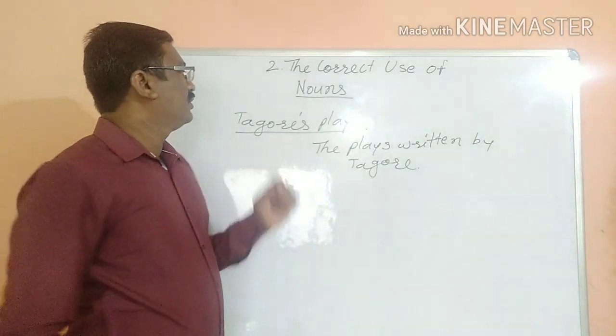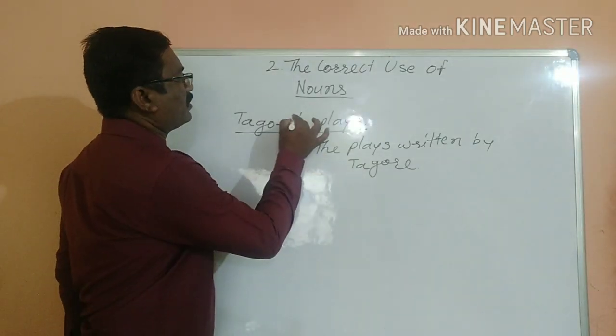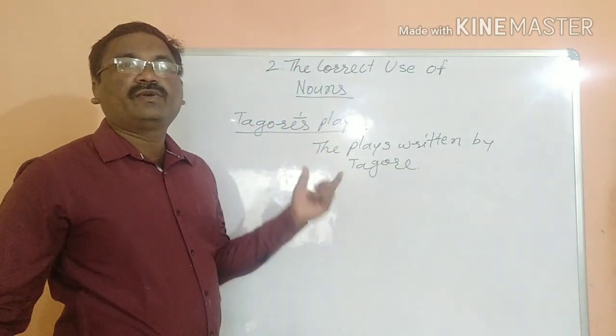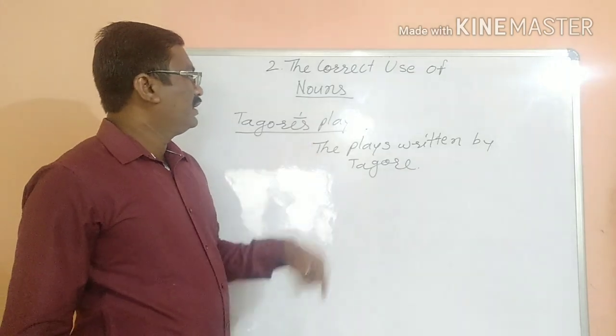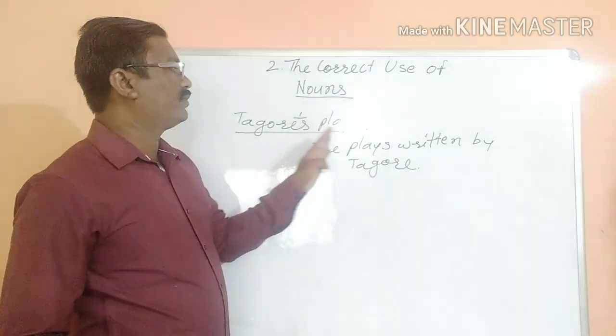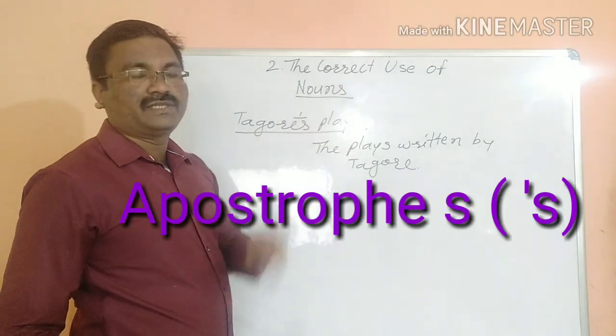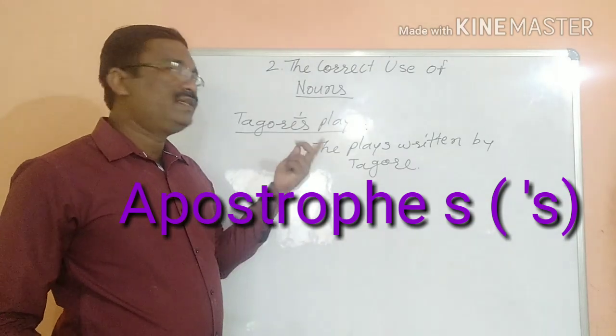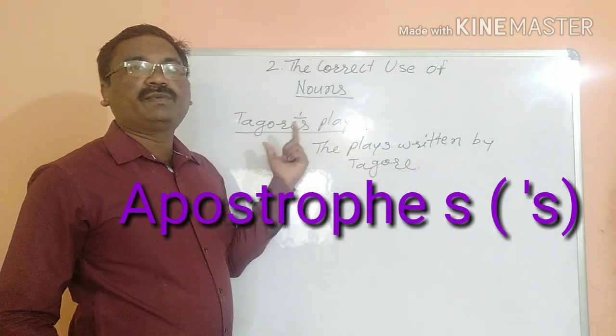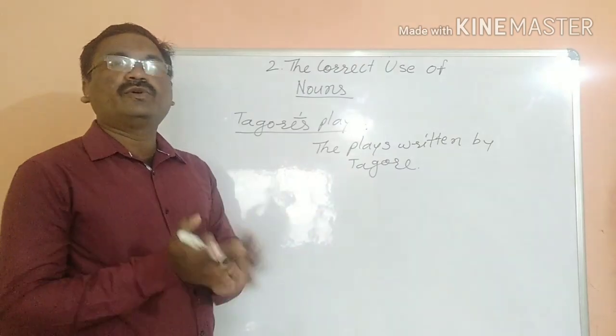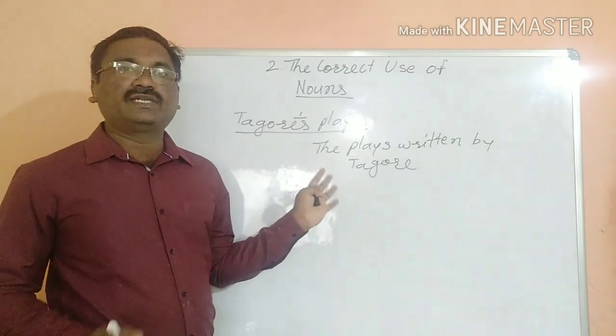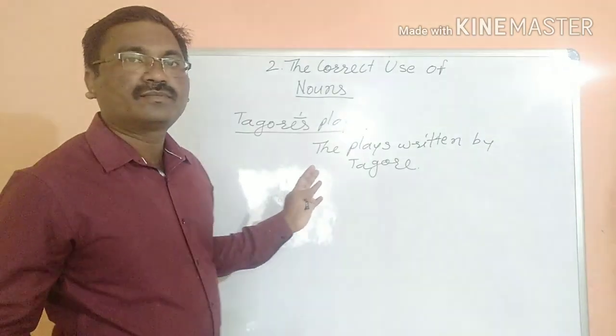What have we used here? We have used apostrophe s, and this apostrophe s we can use to show possession. But with every noun we can't use apostrophe s. Some rules are there, and we are going to see those rules in this lesson.